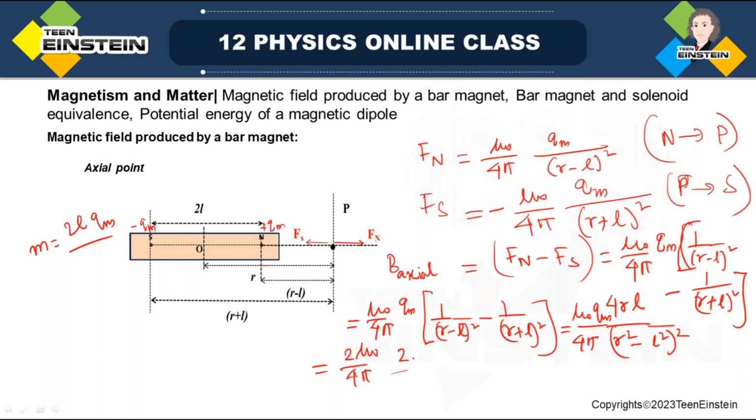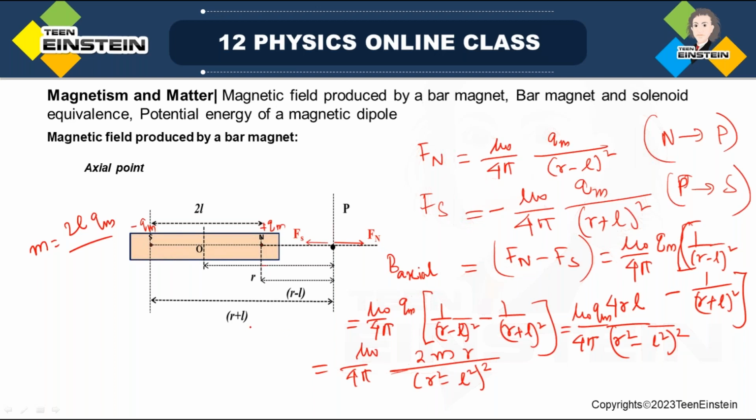This is 2L Qm into R divided by r square minus L square whole to the power 2. This 2L Qm could be written as M as well, right? So finally what we get is 2mr. So this 2 also I can just erase.